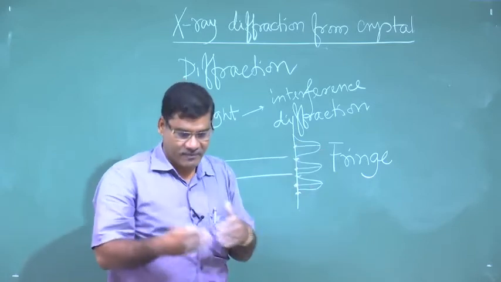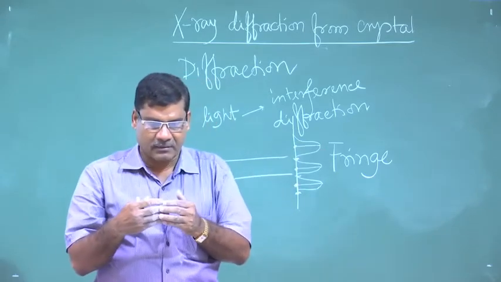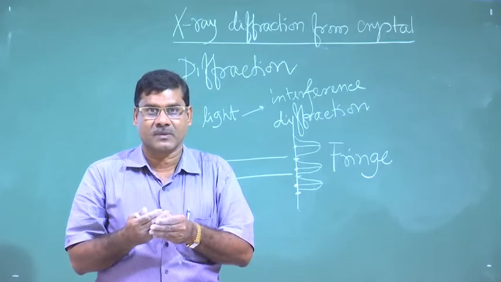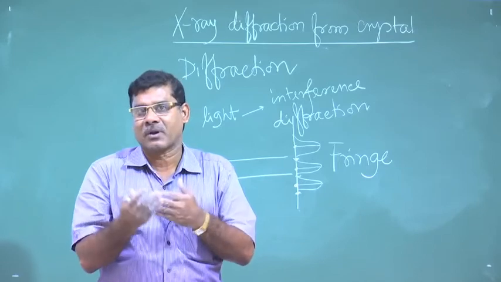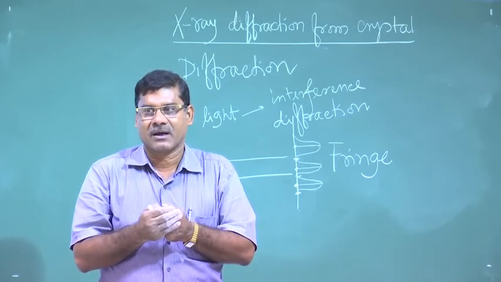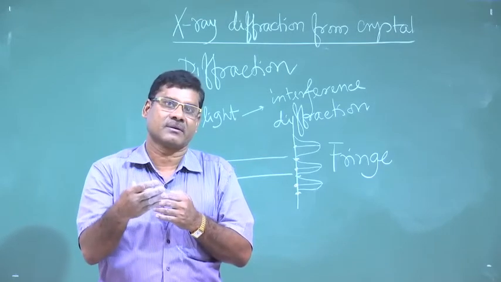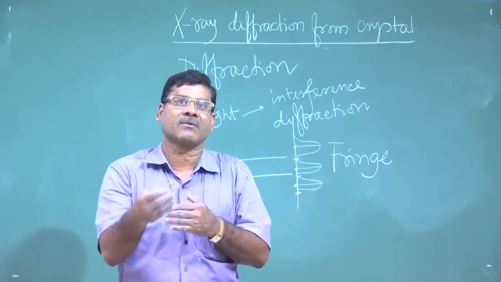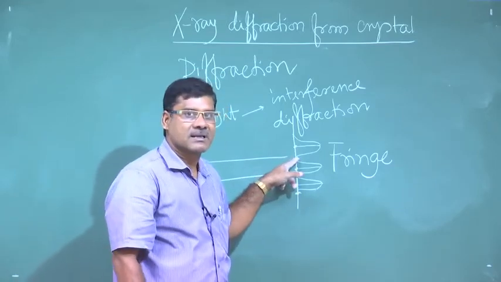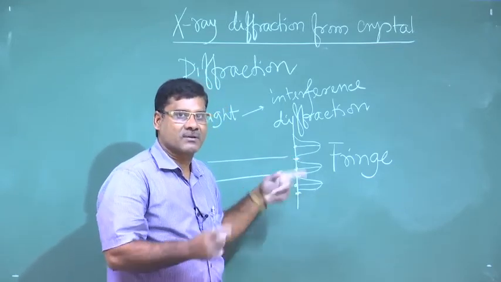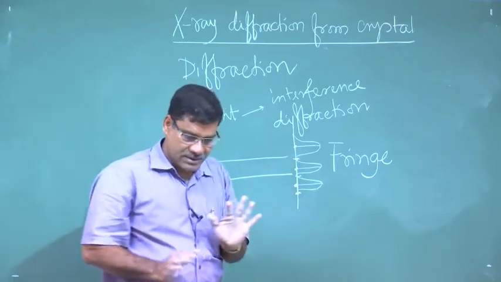And when the path difference is an odd multiple of lambda by 2, or the phase difference is an odd multiple of pi, then they are out of phase, so they will destroy each other. So, you will see destructive interference. So, this is the interference.